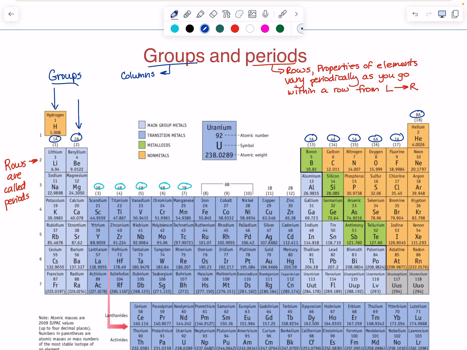We'll talk about that in terms of reactivity. As you go down or up a group, the magnitude of the effect changes, but the chemical effect of everything in that group is similar: what it reacts with, what it doesn't react with. We'll talk about that on Friday.